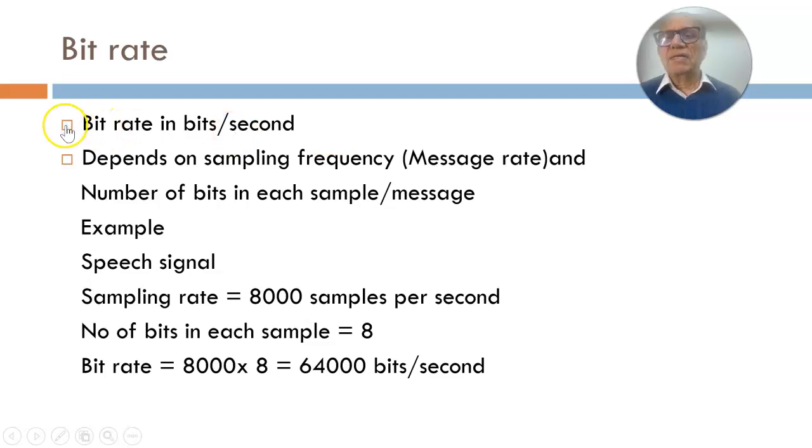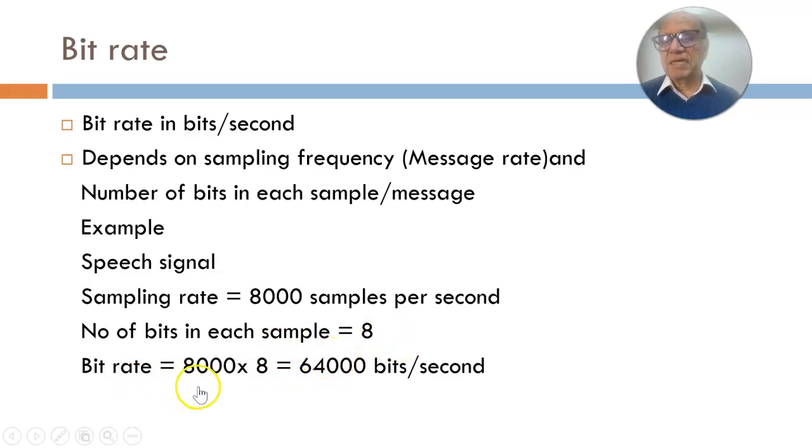Now, how do you calculate the bit rate? So, bit rate is in bits per second, and it depends on sampling frequency or the message rate and the number of bits in each sample or in each message. So, as an example, consider the speech signal. The sampling rate is 8,000 samples per second and number of bits in each sample is 8.